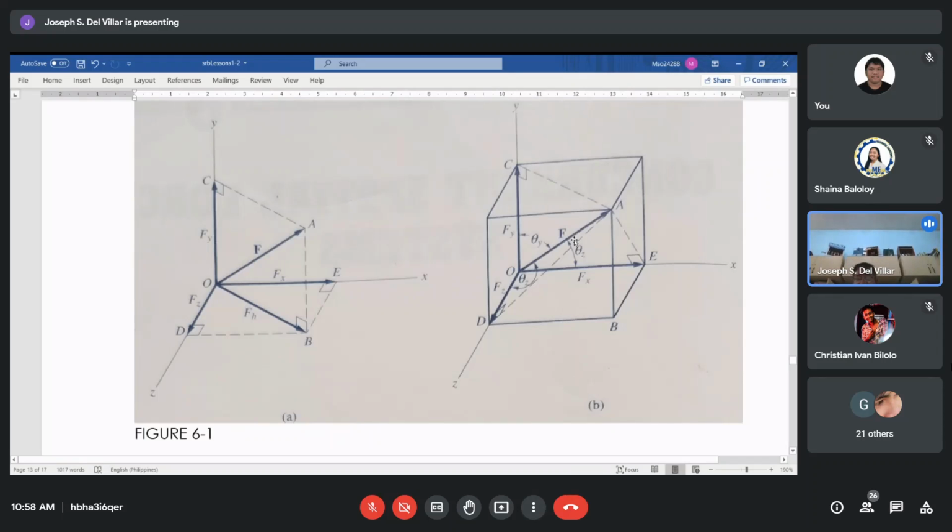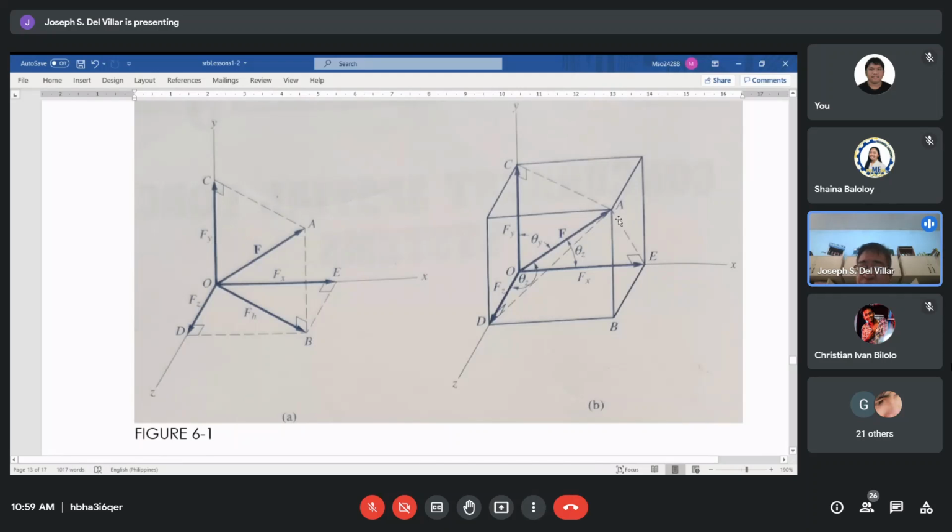Now, how did Fx become its x component? From the arrowhead of F, you drop a perpendicular line down to the positive x-axis.